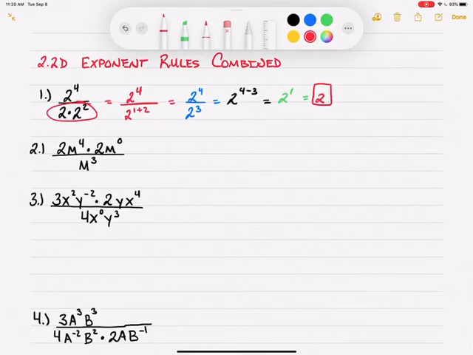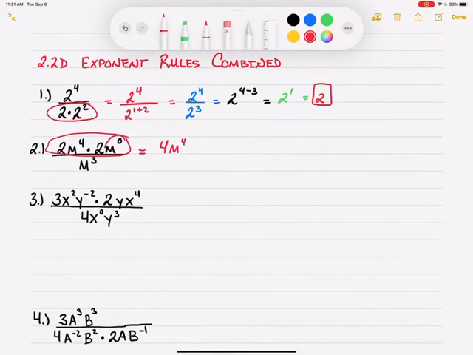In example 2, I have 2 times m to the 4th, 2 times m to the 0 power divided by m to the 3rd. In the numerator, I'm going to go ahead and multiply 2 times 2 is 4. M to the 4th is going to stay.